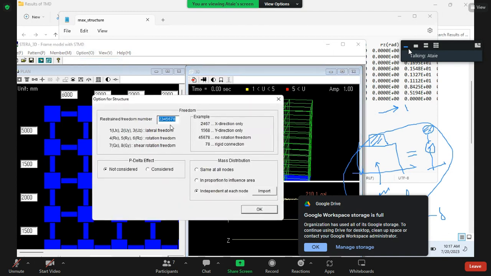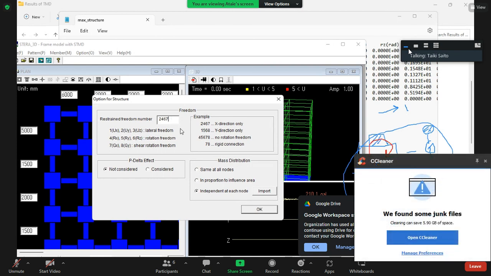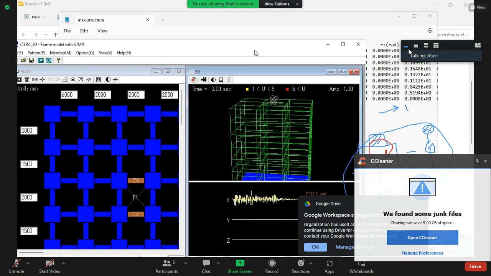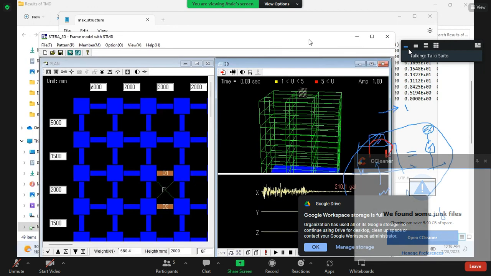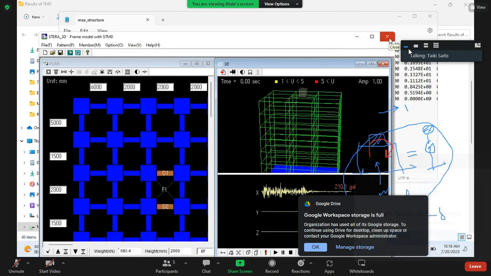Sensei, I checked that for one story also, but not with only one direction released. Well, if you allow rotation, it might be rotating around the TMD. Oh, okay, sensei. I want to avoid this component. Okay, sensei, I will do it. After you get the result, please let me know. Yes, sensei.